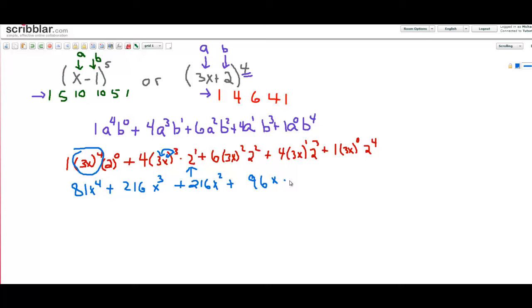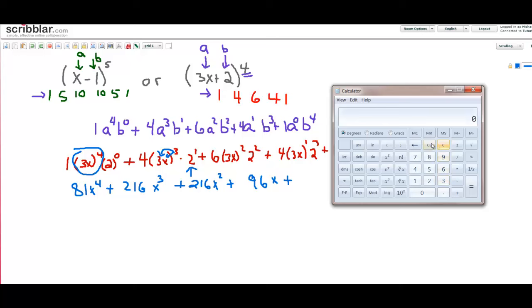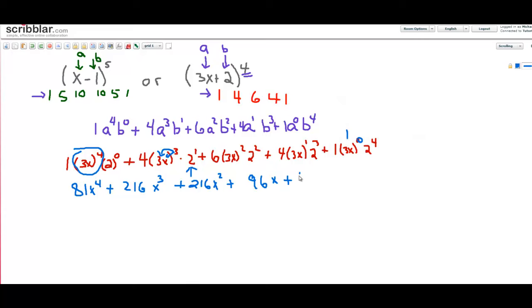And last but not least, this is actually 0 here. Anything to the 0 power is 1, so that's just going to be 1 times 2 to the fourth. What is 2 to the fourth? Yikes. 2 raised to the fourth, 16. And so there we go.